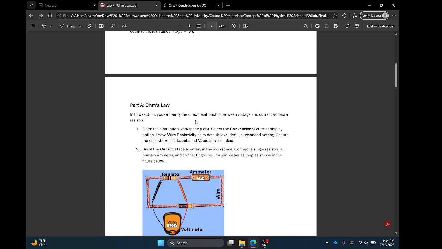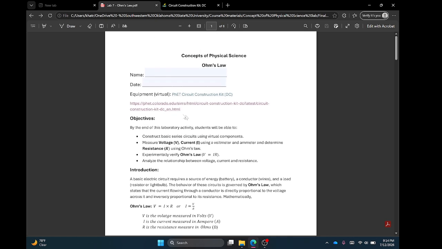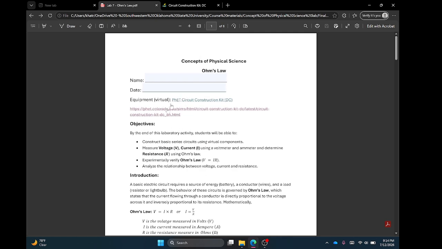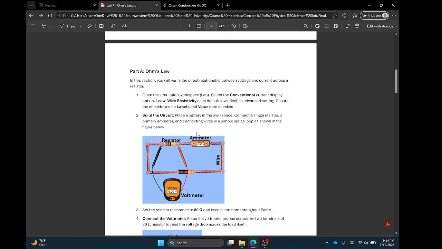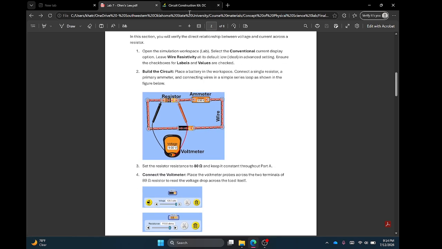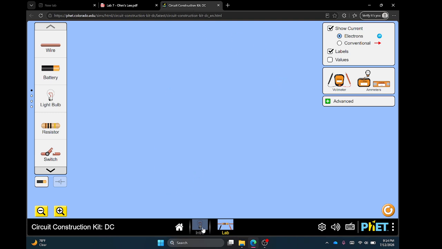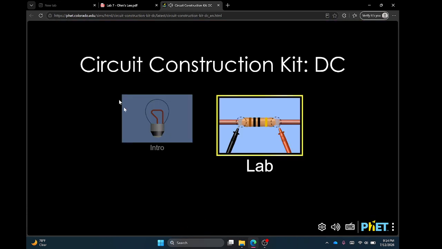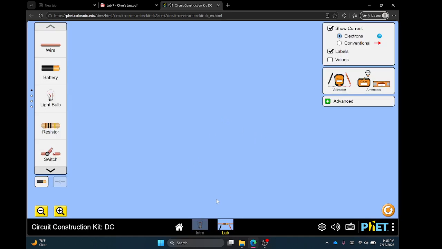So for the first part, again we will use the simulation from the PhET website. The link is provided here. If you click on the link and go here, this is your home page, and click on lab. Once you go into the lab, first let's look at the user interface.